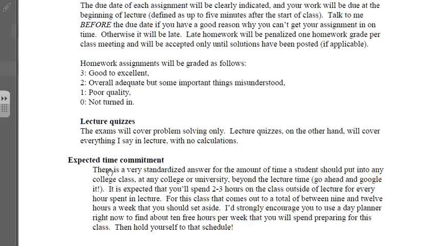So what I would like you to do is go to your planner, look through your schedule, and figure out where you're going to fit that time in. 6 hours, 9 hours, something in between.